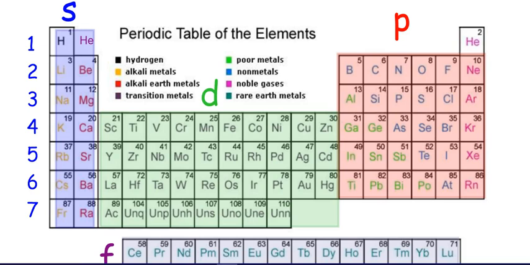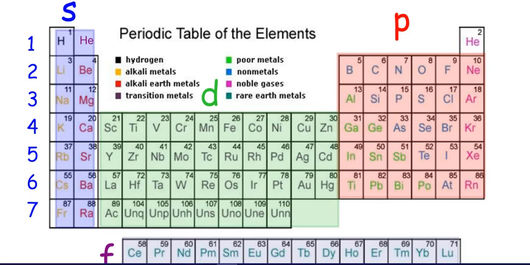And honestly, this S, P, D, and F all goes back once again to that line spectrum, the thing that we saw the first day in this unit when we looked at the flame tests and the line emissions. What they discovered is that when you're looking closely at some of those larger elements like mercury, they have different thicknesses of their lines. And so that's what the S, P, D, and F stand for.